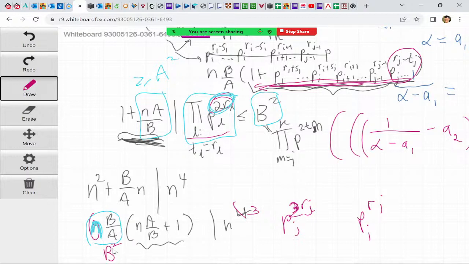So there's B to the 4 worth of primes here. Then B squared cancels with that B to the 4, and this thing divides the other B squared. So there's at least B to the 4, but that doesn't mean there's exactly B to the 4. Oh no, there's exactly B to the 4 then.